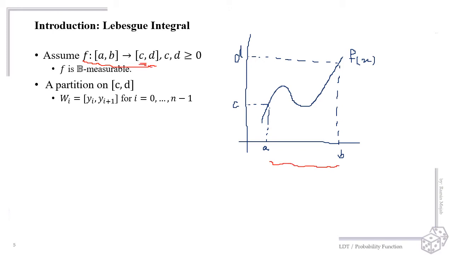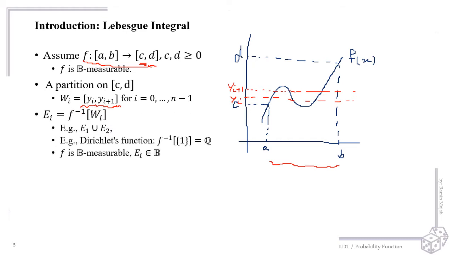Assume that, for example, this is yi plus 1, and this is yi, and therefore yi to yi plus 1 is a partition on C and D. And what is the preimage of this partition, or this interval, under f? We know that this interval is a part of this preimage. Let's call it f1.